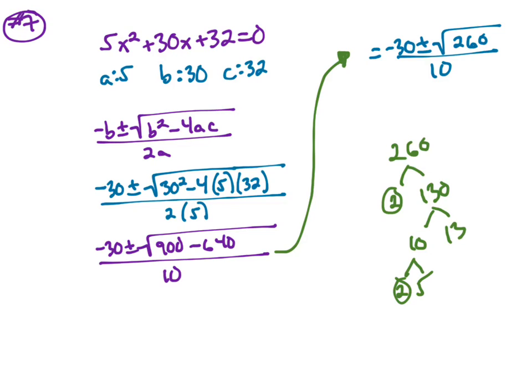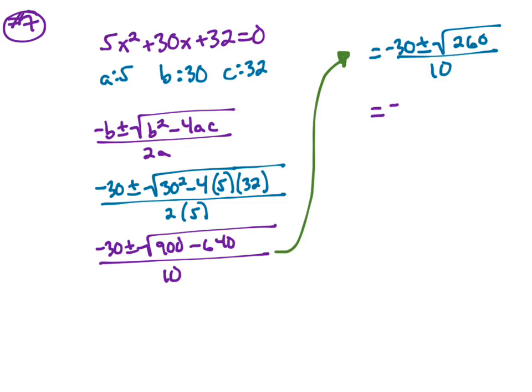Where are my partnerships? There's my 2's. So I can pull my 2 out. But I'd have to deal with still 5 and 13, so that's going to stay in there. So I'll have 2 times, because that's the square root of 2 times 2, right? Radical, what's 5 times 13? 65. Okay, so radical 260 is equal to 2 times radical 65.